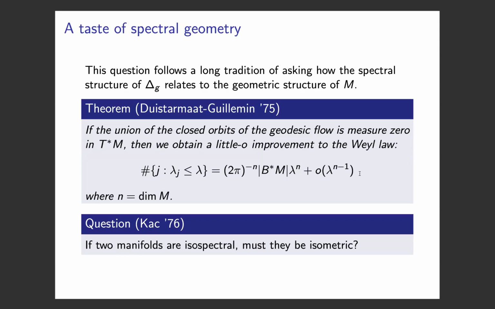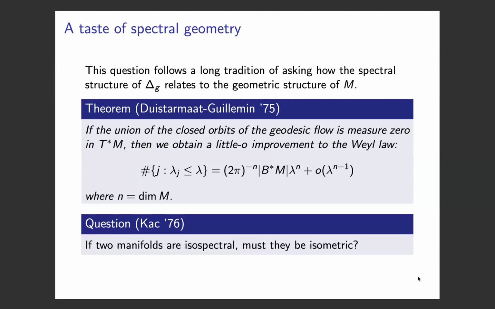And then there are also inverse problems where you ask, what does the spectrum or the eigenfunctions say about the geometry of the manifold? And we have a very well-known, important question by Kac: if two manifolds are isospectral, must they be isometric?